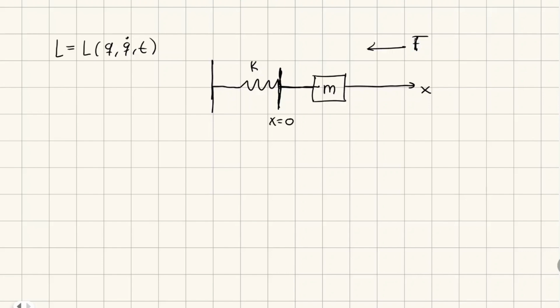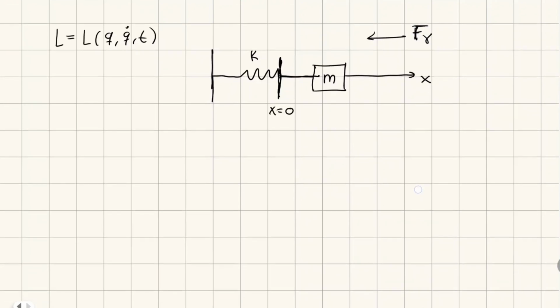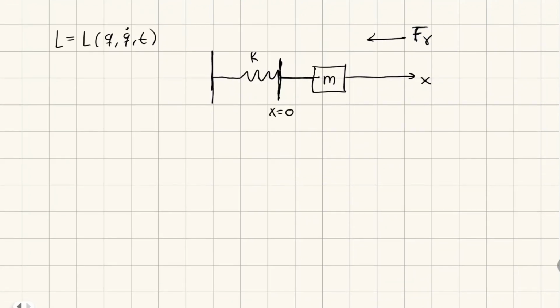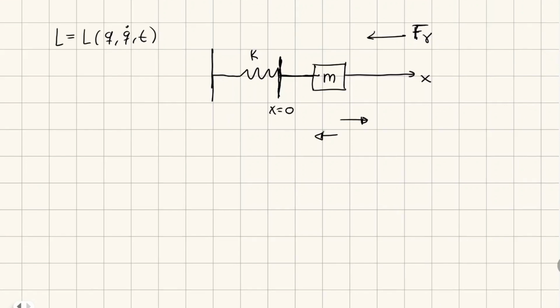We are going to name the damping force F gamma. Also, if the block is moving to the right, the force of the spring acting on the block will be pointing to the other side, to the left.